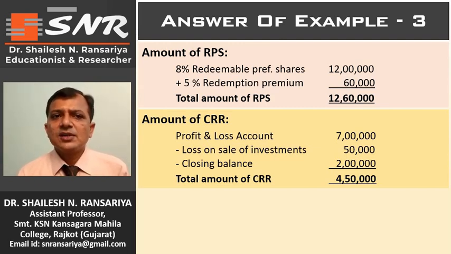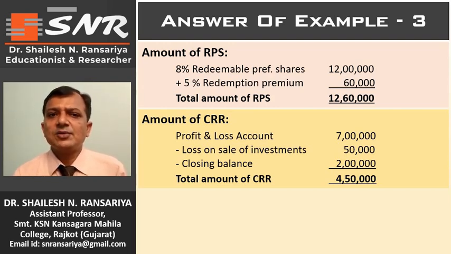One more thing, the book value of investment rupees 3,50,000 and selling price of investment rupees 3 lakhs. So we have to write this loss rupees 50,000 from the balance of P&L account.